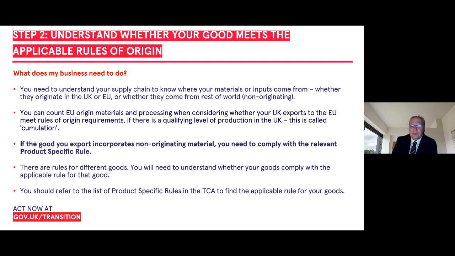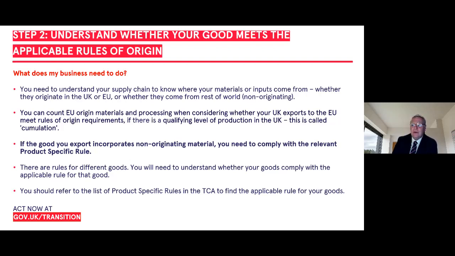This is called cumulation. The TCA does not include cumulation of content from any other trade partner. If the good you export incorporates non-originating material, you need to comply with the relevant product-specific rule.